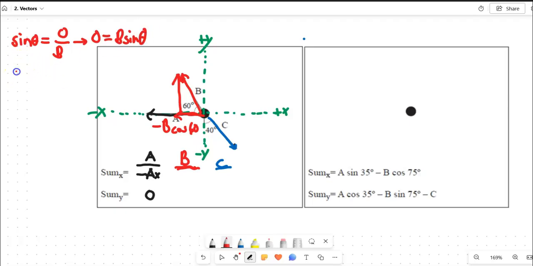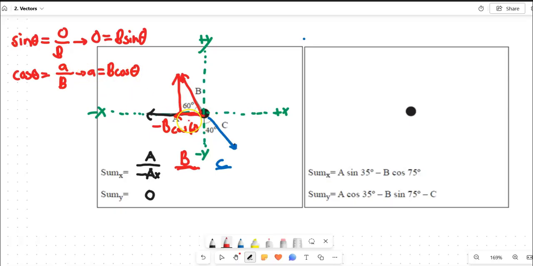Okay. Cosine of theta is equal to the adjacent side over hypotenuse. In this case, b is the hypotenuse. Well, to find the adjacent side, we're going to have to multiply both sides by b. So b cosine of theta is equal to the adjacent side.